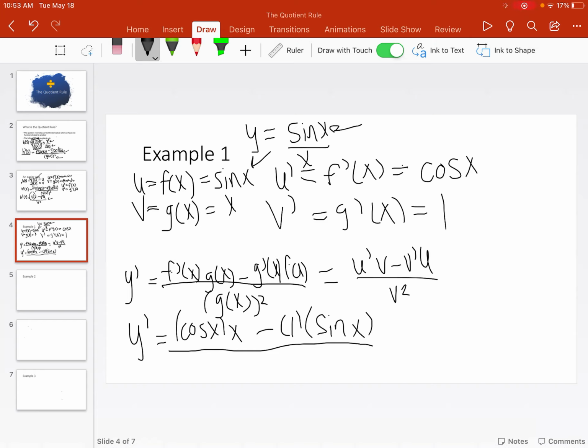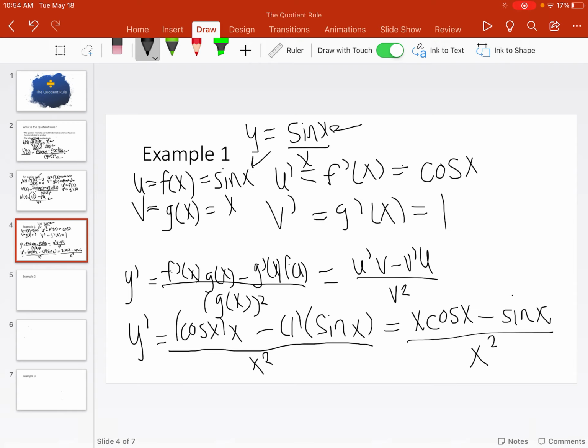It's g of x squared. g of x is just x, and we square that, so we get x squared. So we're done. If you simplify this just a bit, you get x cos x minus sine x, all over x squared. Done.